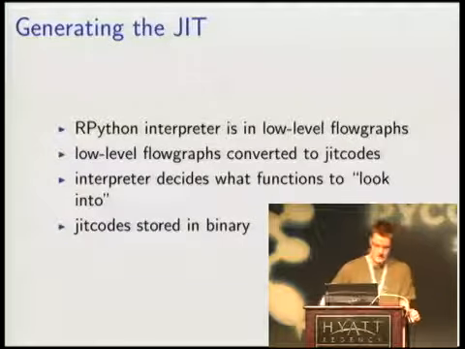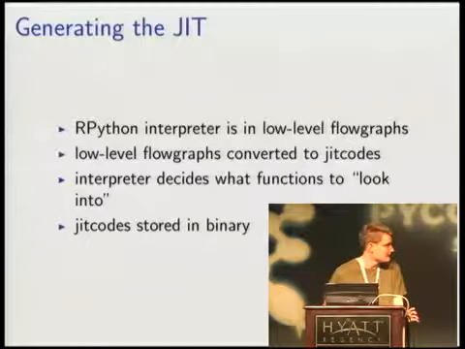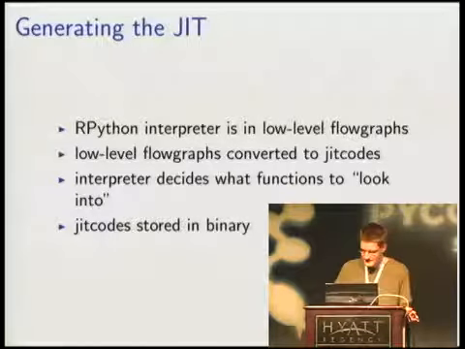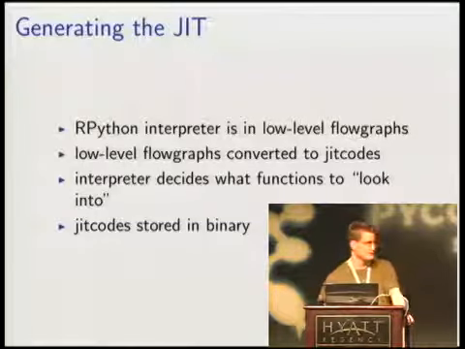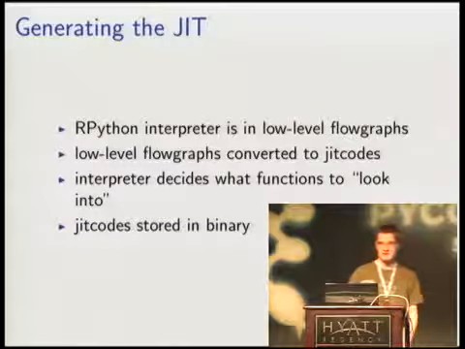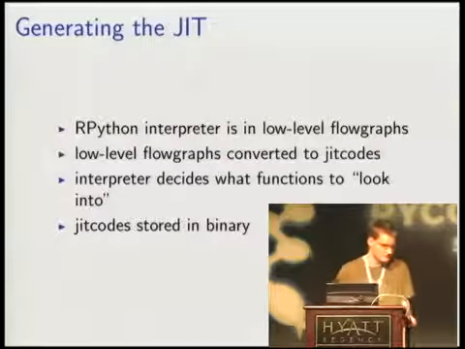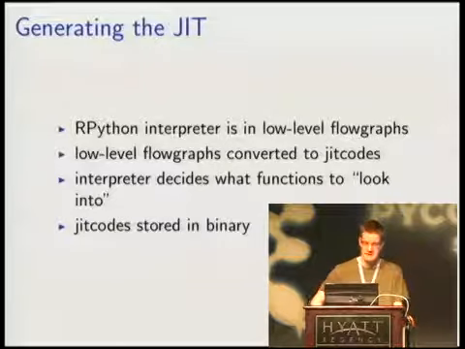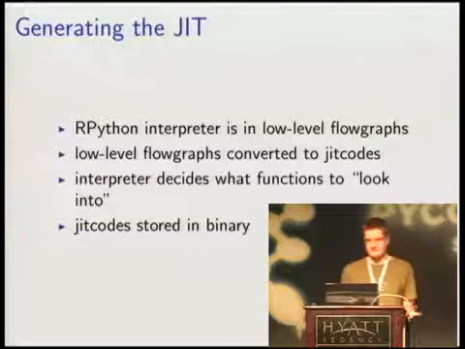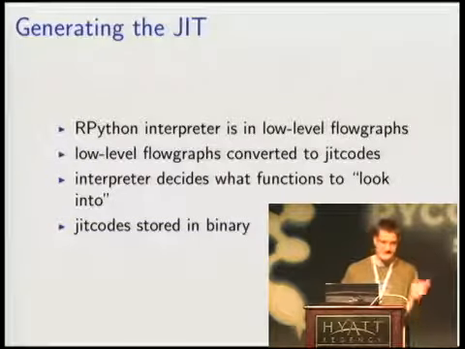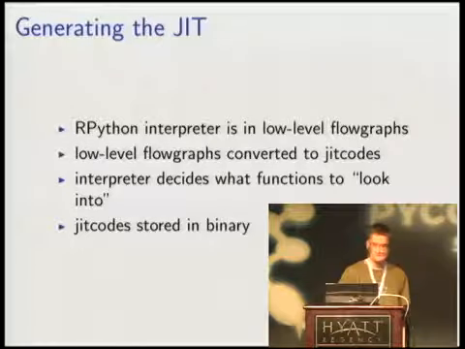To get a JIT, we have these hints in the source, and then we translate our interpreter. As Dave Beazley said, the interpreter is halfway through translation in a bunch of low-level flow graphs. They're in a modified static single assignment form, a compiler intermediate representation, and they have low-level type annotations on them, like add these two integers, or add these two floats, or access some value of a structure.